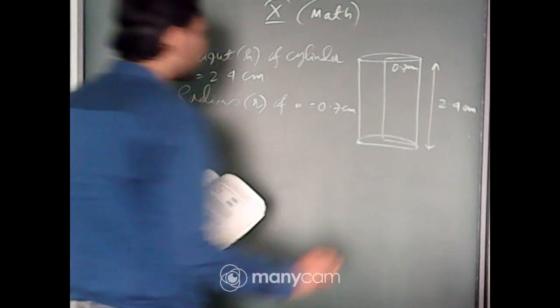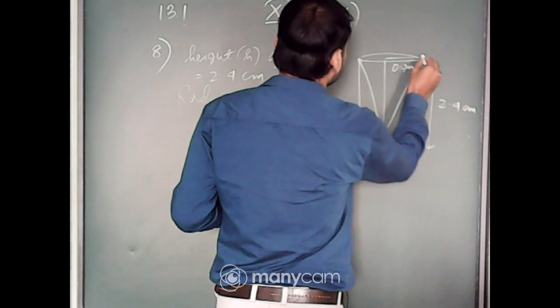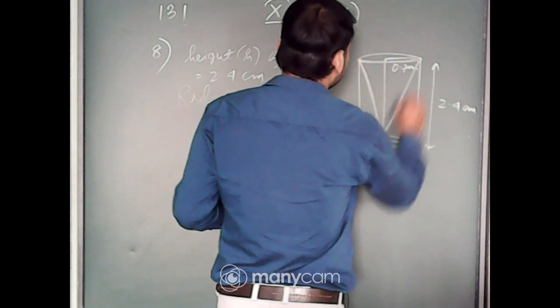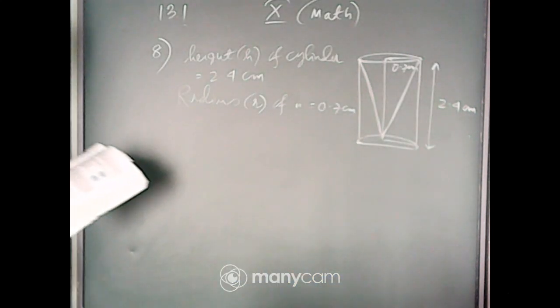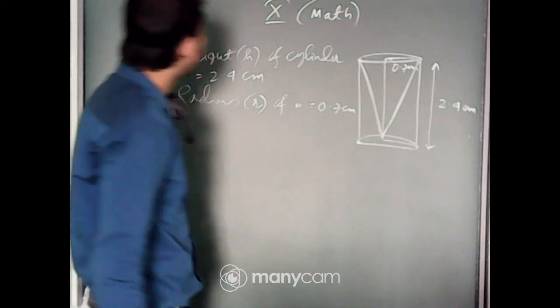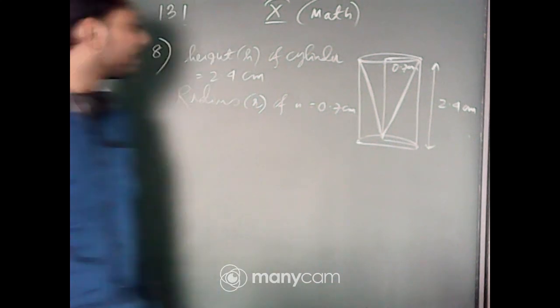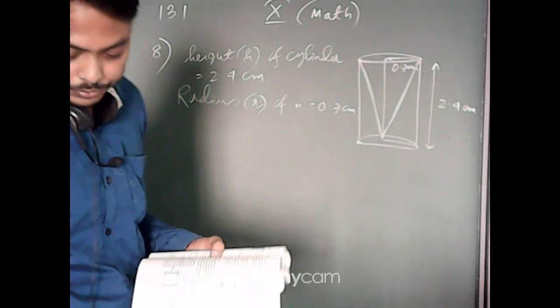So here this type of portion is cut out of same height and same diameter. So height and radius will be same for cylinder and cone, isn't it?